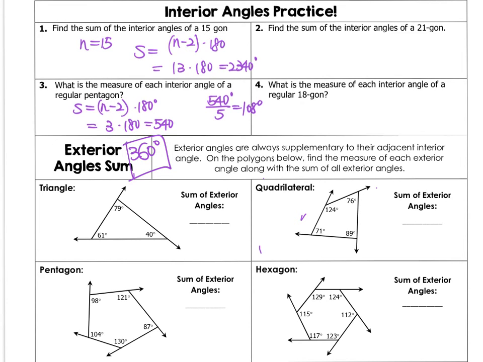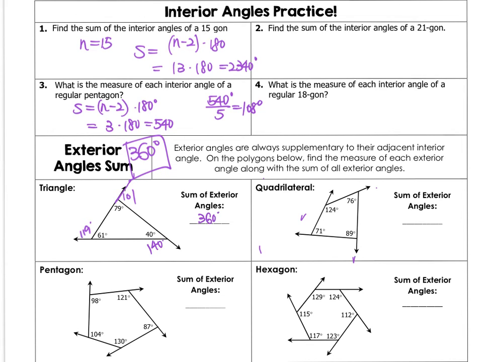Obviously we know that all exterior angles are supplementary to their adjacent interior angles. So I would have 119 here, 101 there, and 140 here, right? Also notice that you find the exterior angle of any polygon by extending one of the sides over. So you add all the exterior angles together, and you should have 360.